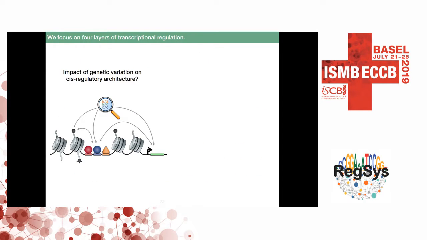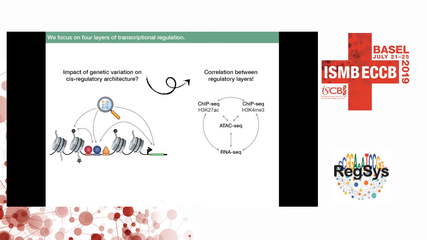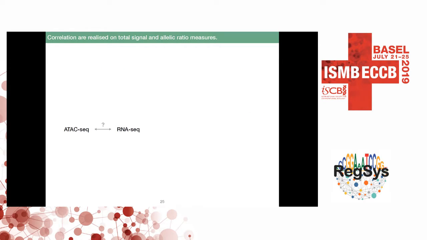Okay, so back to the question that I presented to you before. How will using allele-specific data help us to understand the correlation between all these layers? We will use this data and try to correlate them among the different regulatory layers. By correlating the different regulatory layers, what I mean is we will try to link those different assays location-wise.